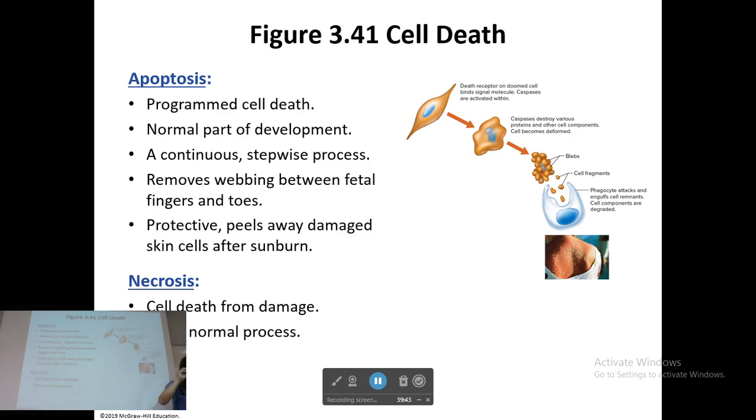It's like little bubbles, and it bubbles off and breaks apart into little cell fragments, and then you have your white blood cells that are going to engulf those and take them in, break them down, and recycle the little blebs.